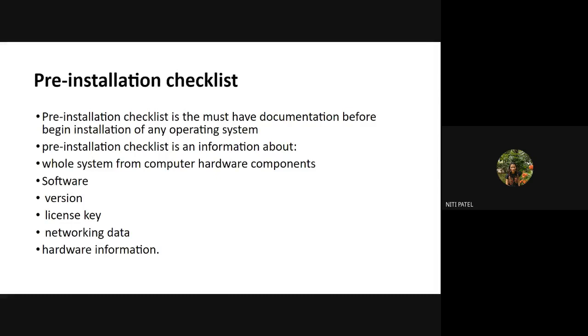It will cover the entire system: the hardware, software, networking, everything. The whole system, from computer hardware components to networking components to the software, will be covered. I will also have to consider the software, the version of the software, the license key, the networking information and the hardware information.